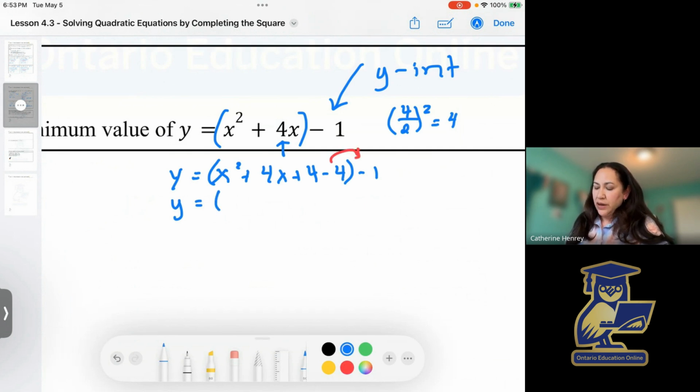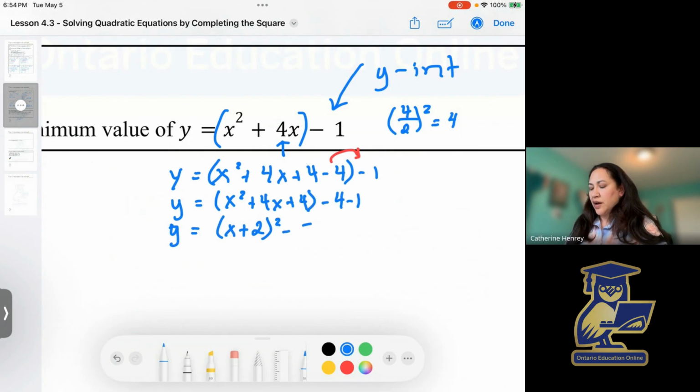So we have x squared plus 4x plus 4, and we've moved negative 4 out to combine that with negative 1. Let's simplify the trinomial. So y equals bracket x plus 2 squared minus 5. So now we have vertex form.